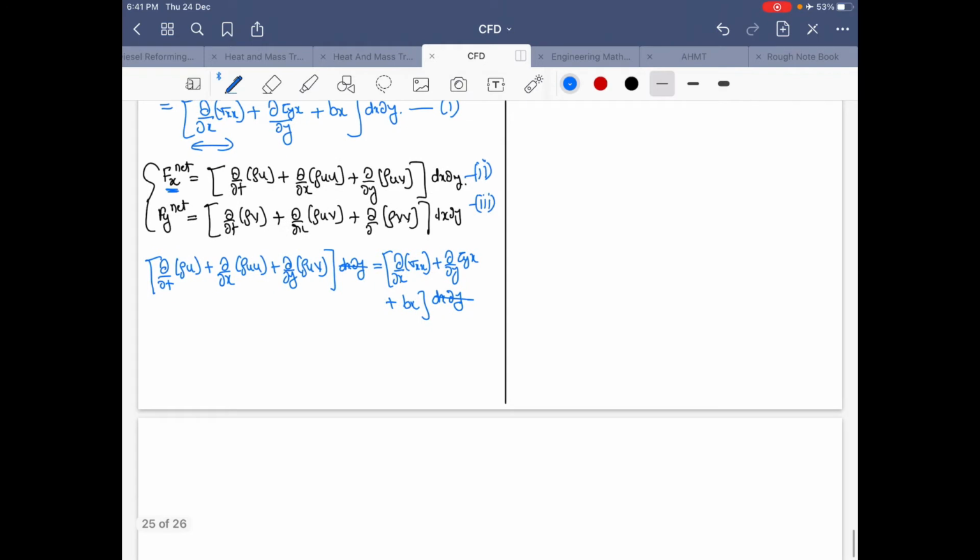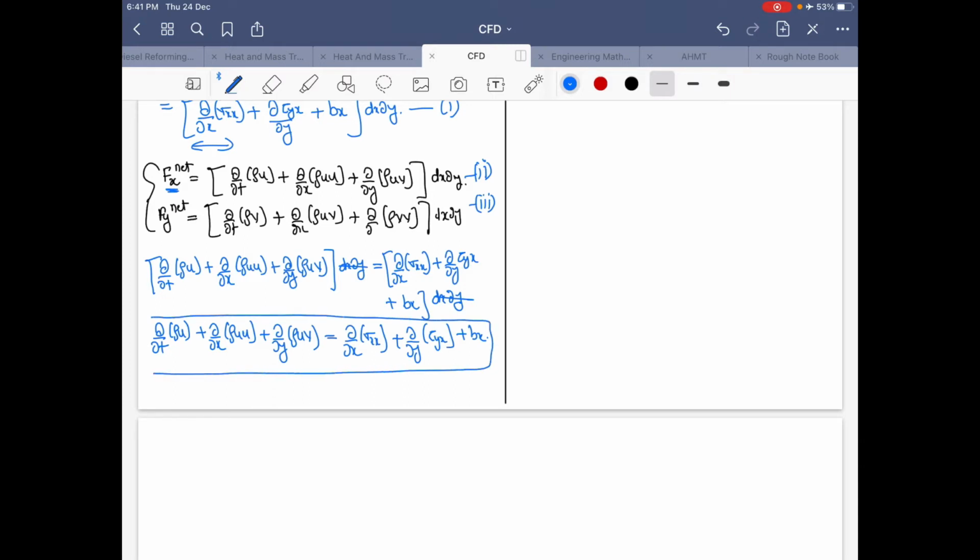So dx dy will cancel, and for the x momentum equation I will be left with del by del t rho u plus del by del x rho uu plus del by del y rho uv equal to del by del x sigma xx plus del by del y tau yx plus body force in x direction. So this is the form that I am looking for. Final form.